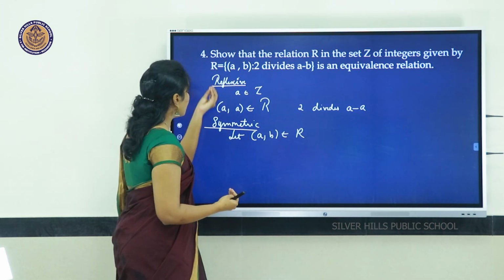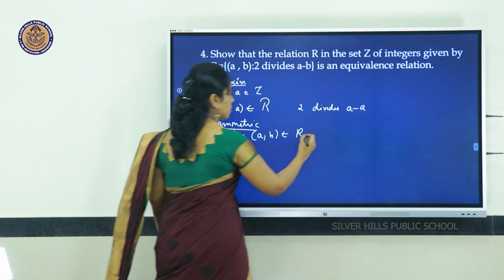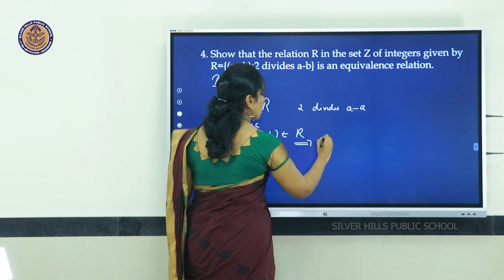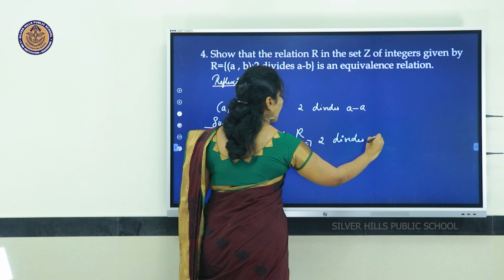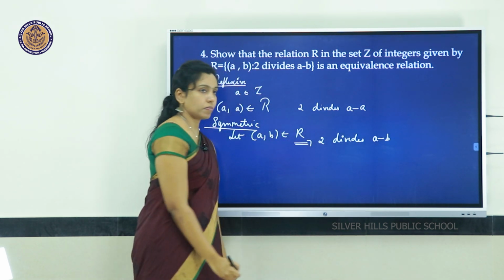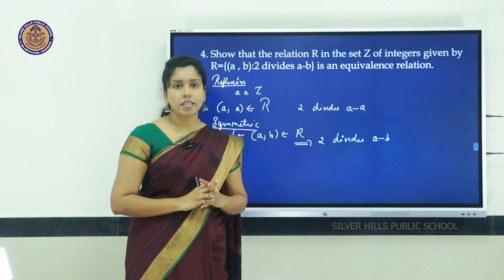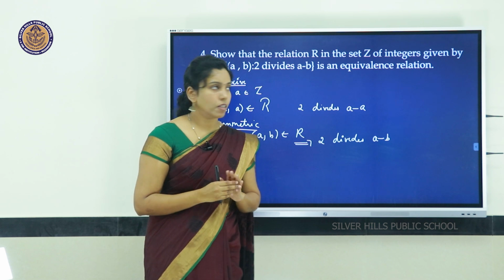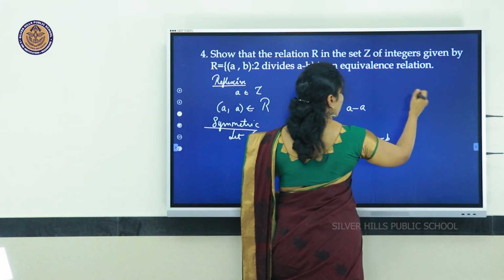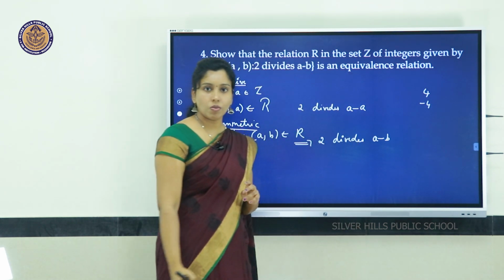If (a, b) is in the relation, what does that mean? 2 divides a minus b. If 2 divides a minus b, I can say 2 divides minus of (a minus b). For example, 2 divides 4, so same way 2 divides minus 4 also.